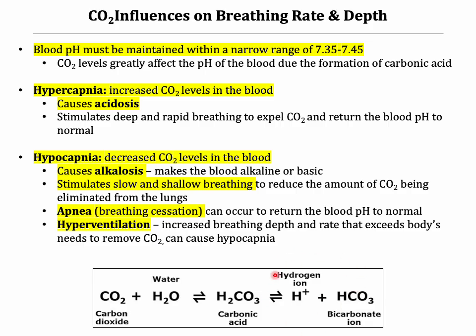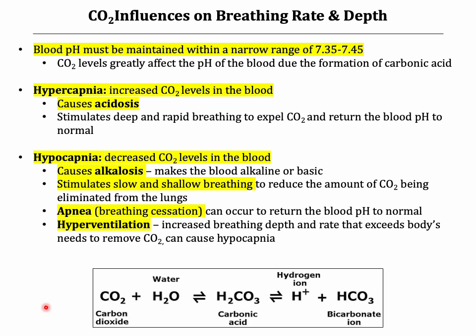An increase in hydrogen ions decreases the pH, makes the blood acidic. So hypercapnia, an increase in CO2, can cause acidosis. That will quickly stimulate deep, rapid breathing so we get rid of CO2 out of our body to help restore our blood pH.